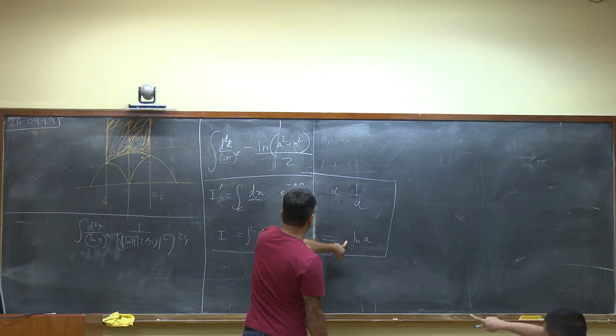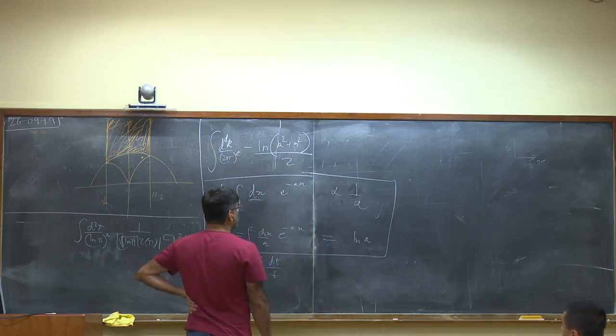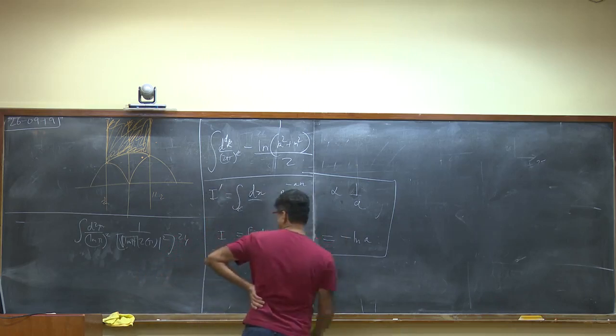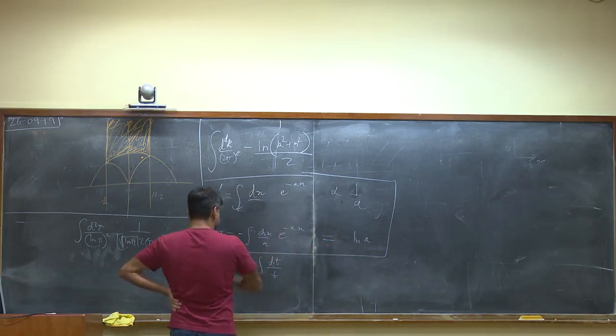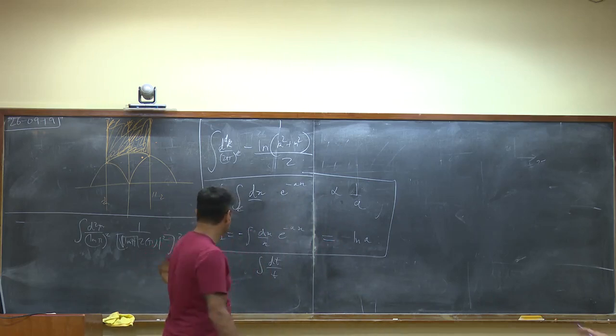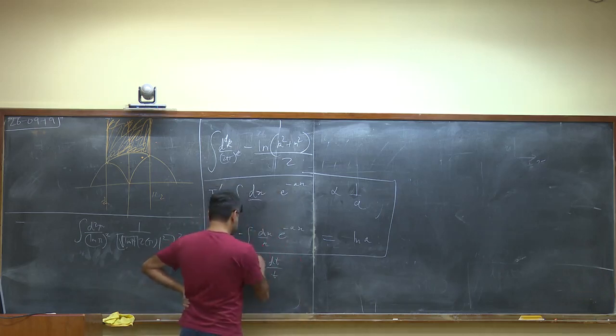Del I del a is minus I prime. Why is it minus I prime? Because it's exponential with a minus in the exponent. You're right, let's put a minus here. And in the limit of very small a, the integral should diverge to positive infinity. Therefore, let's put a minus sign.